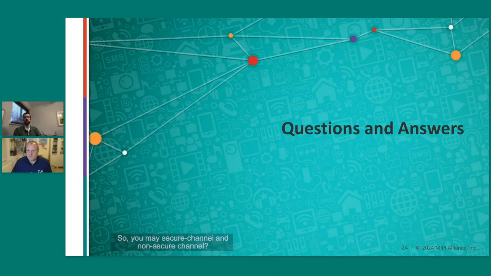Non-secure debug. Yeah, at least the way I'm understanding it, the question is non-secure debug and secure trace, or the other way around.